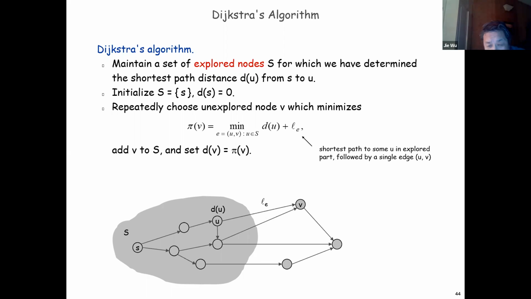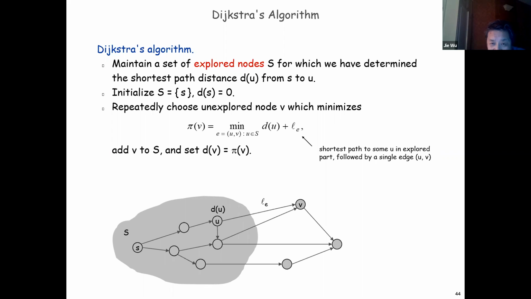And you have a frontier concept. The frontier is the gray nodes, which are adjacent, connecting the outside to the inside. You understand that? This gray area is the area that you further expand.